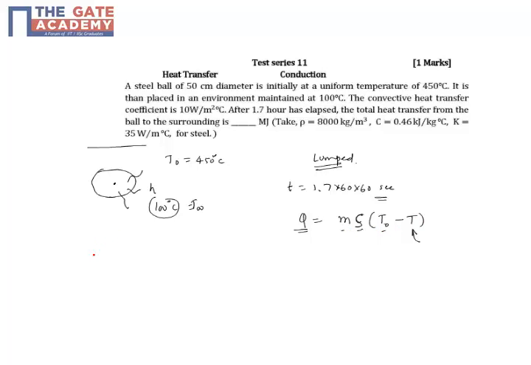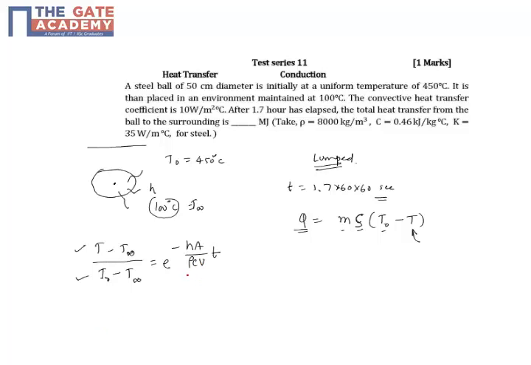Now using the lumped heat transfer analysis, the ratio of the temperature difference with the ambient at time t, T minus T infinity, to the difference at time 0, T naught minus T infinity, is related as e to the power minus hA by rho C V into time t.